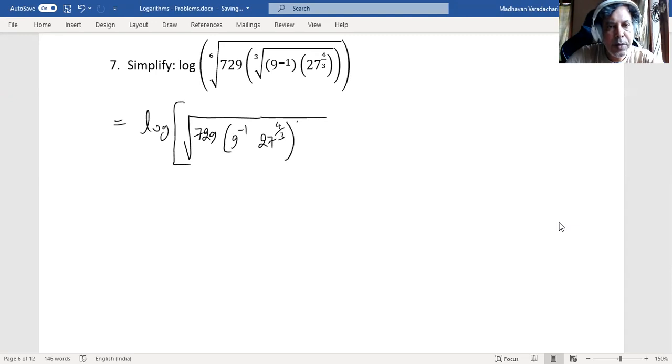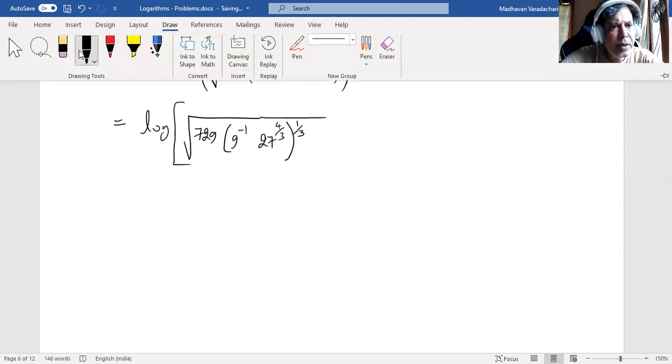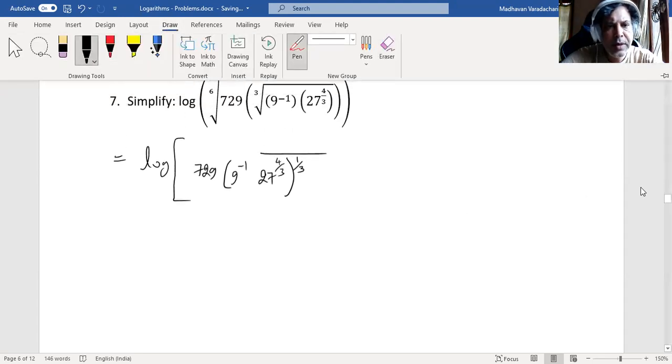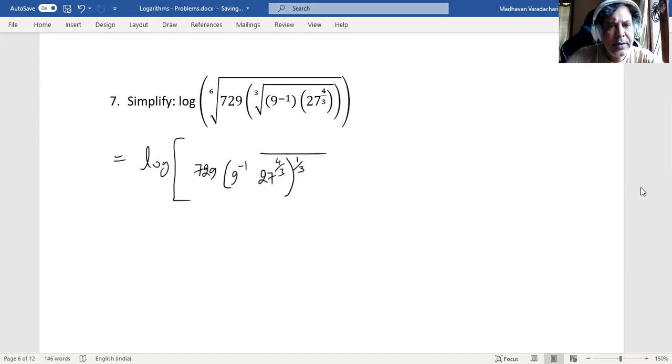Since this is a cube root, I will write to the power of 1 by 3. I mean, this expression inside this inner root, I wrote the same numbers and then power is 1 by 3. And I will also remove these brackets outside. And since it is sixth root, I will write this as 1 by 6.